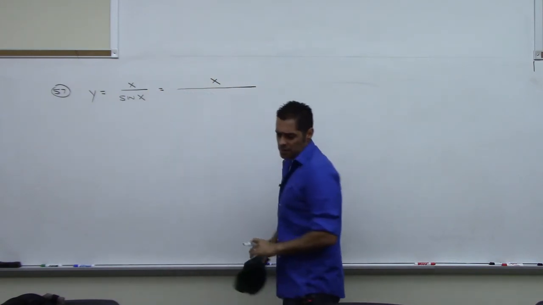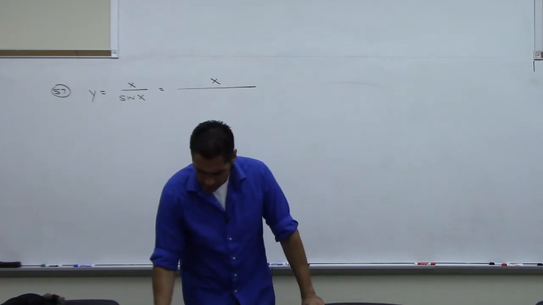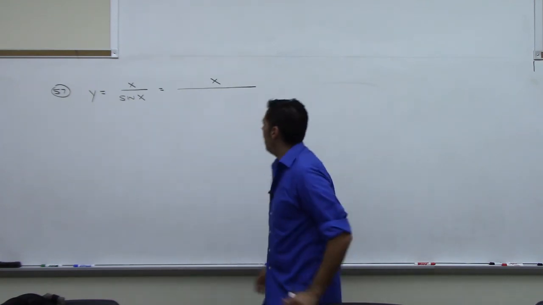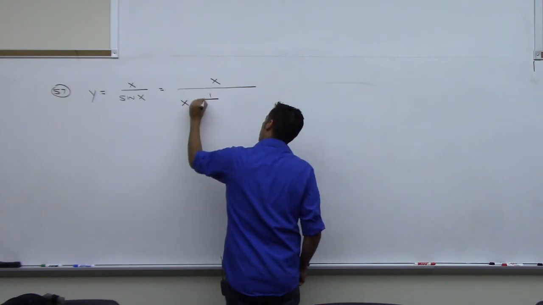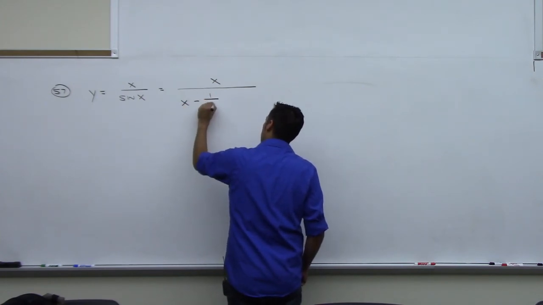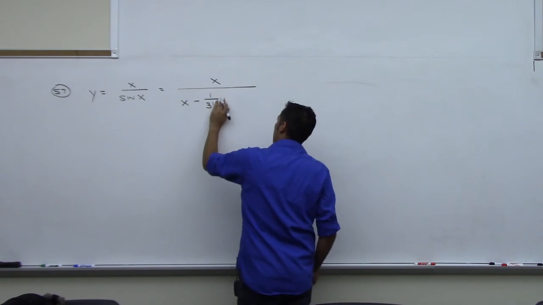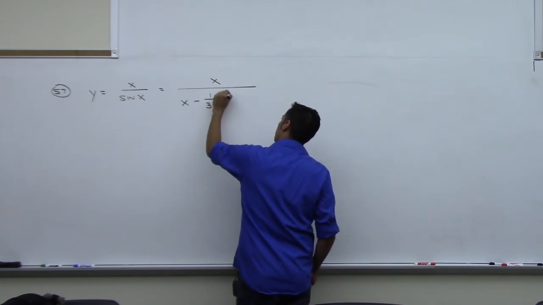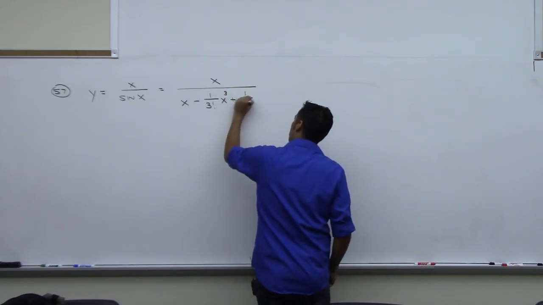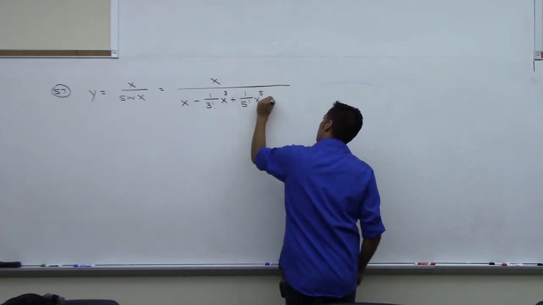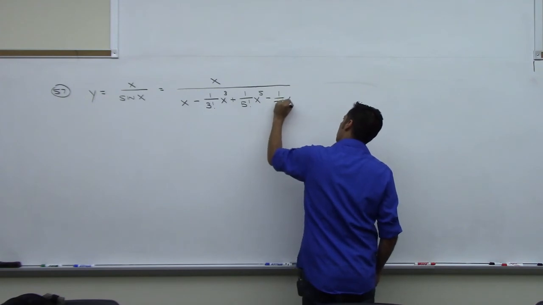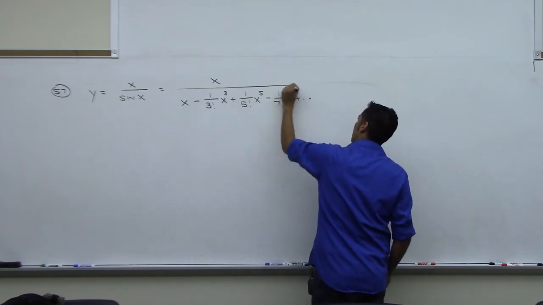Now the Maclaurin series for sine, again on page 484, we're going to have x minus 1 over 3 factorial x to the 3rd. I'll write it out as factorials first. Plus 1 over 5 factorial x to the 5th minus 1 over 7 factorial x to the 7th plus dot, dot, dot.